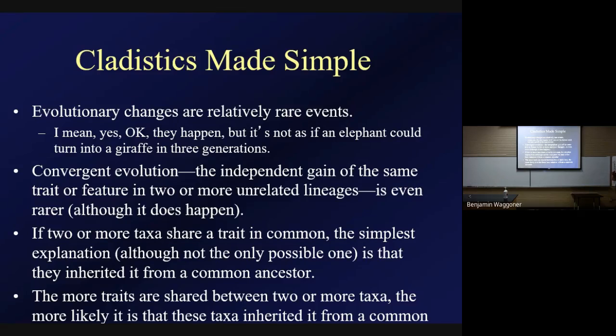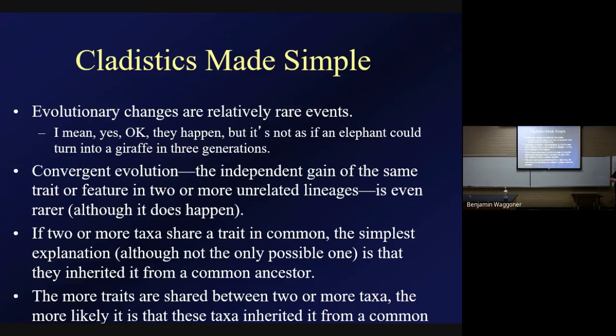Same thing with biological features. Those don't change very often. So just as if two people share a name like Freyaldenhoven, the simplest explanation is that they inherited it from our common ancestor, Mr. Freyaldenhoven. Now, maybe not. Maybe two people independently decided, hey, I'm going to change my name to Freyaldenhoven because I like the sound of it.